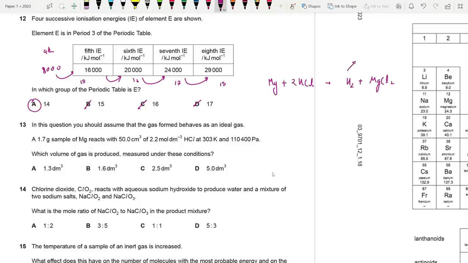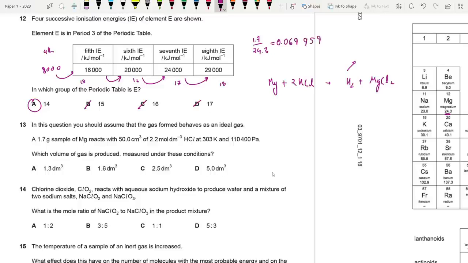Okay, so I want to find out this gas over here. So 1.7 gram of magnesium, and we know that the Ar of magnesium is 24.3. So 1.7 by 24.3, how much is that? 0.07 basically, 0.069959, like that.